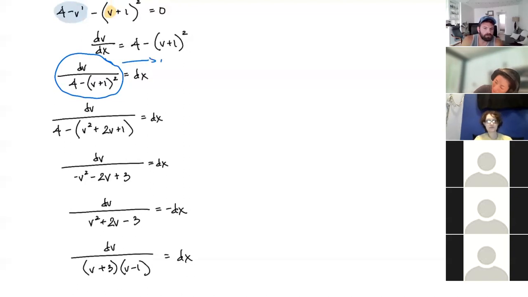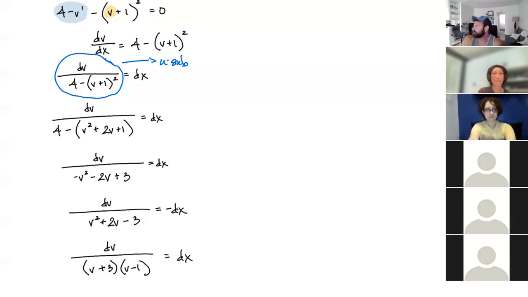One way you might want to try is the u sub. I'll leave you to try that on your own time, but u sub should help with that integration on the left-hand side as well. And there may be other techniques out there, okay? The reason I'm asking us to do this right now is because I want to make sure we're good with the partial fractions piece, okay?